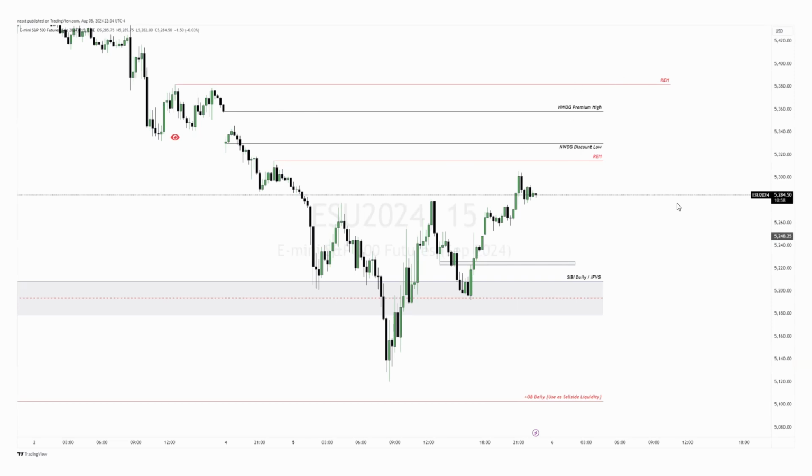Would you like anything to add for ES? No, not too much. I do want to bring up the fact that ES does look a little cleaner than NAS. You can go back to the first slide where we talked about that liquidity. Like I said, ES has more liquidity, so if I had to choose one to trade, it would be ES, right?